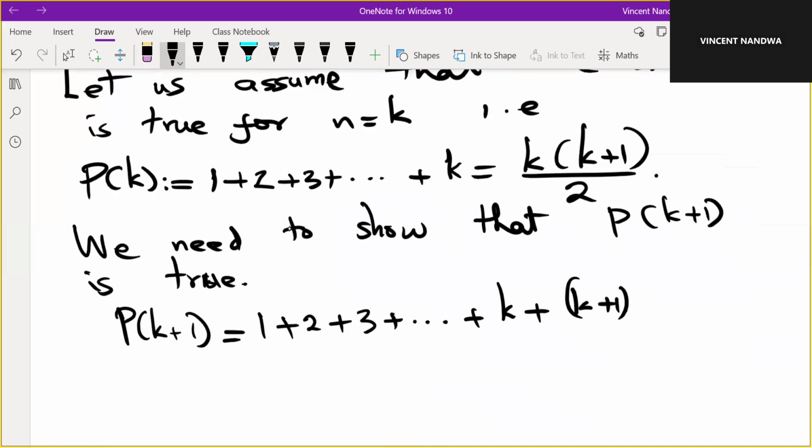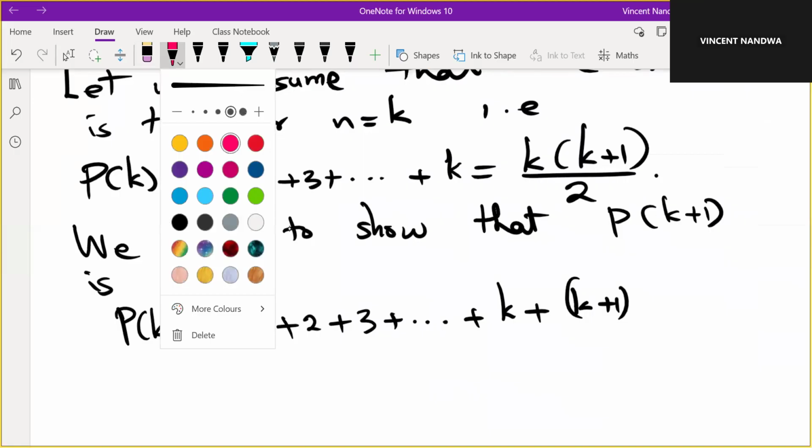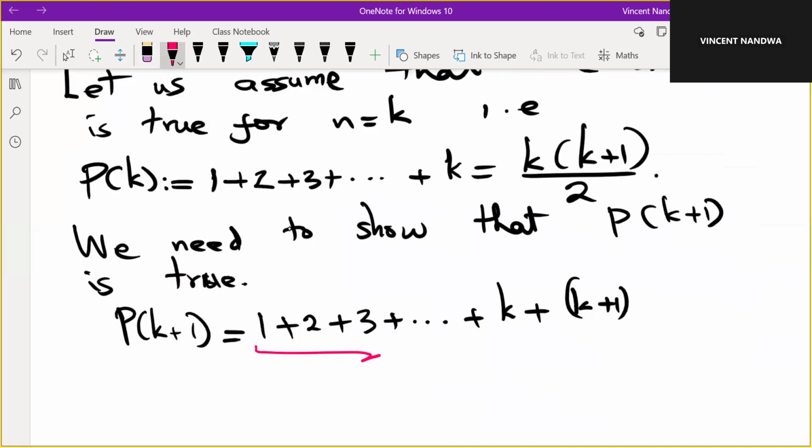But then from the previous step, what is the value of this sum? P of k. So this is P of k plus k plus 1. But P of k, what is its answer?